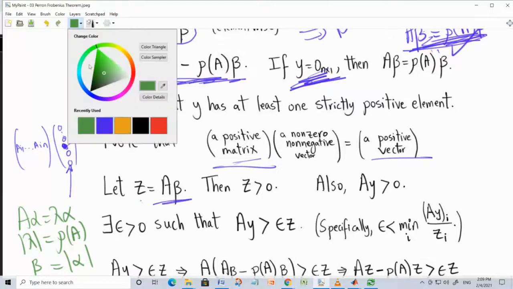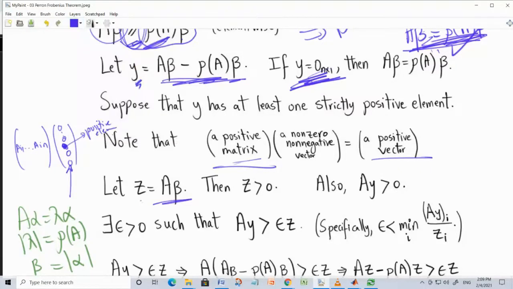So define Z to be A beta. It means that Z is the product of a strictly positive matrix by a vector, and that vector beta is non-negative because it contains magnitudes. Because those are the magnitudes of the components of an eigenvector, the eigenvector cannot be the all zero vector, so beta must have at least one strictly positive element, and so Z is a strictly positive vector.